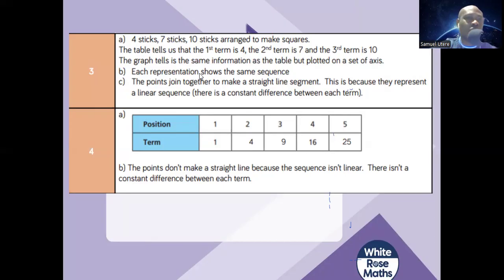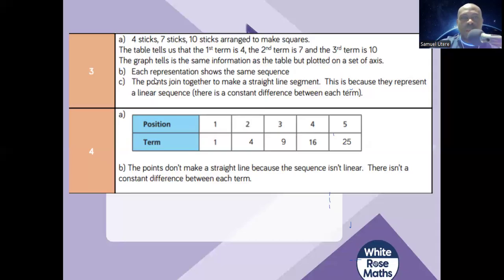So by now you know how to describe sequences. And then the graph tells us the same information as the table. So remember the title of our lesson. You're going to be able to represent a sequence in a tabular form, this is a tabular form, and in a graphical form, which is to plot the graph from the table.